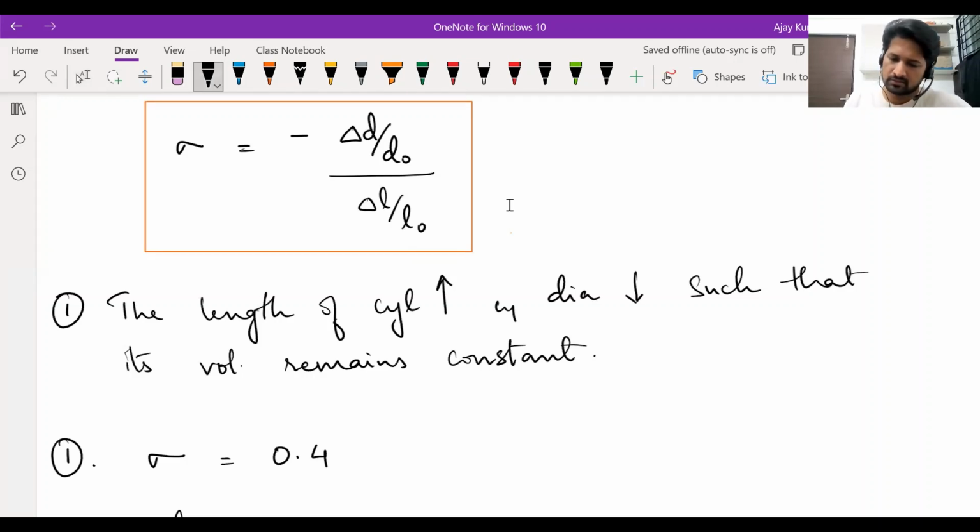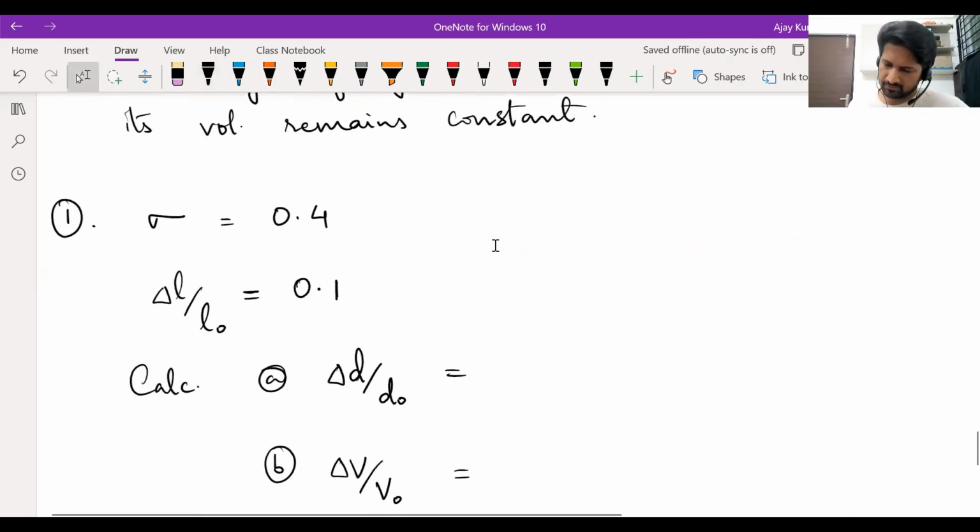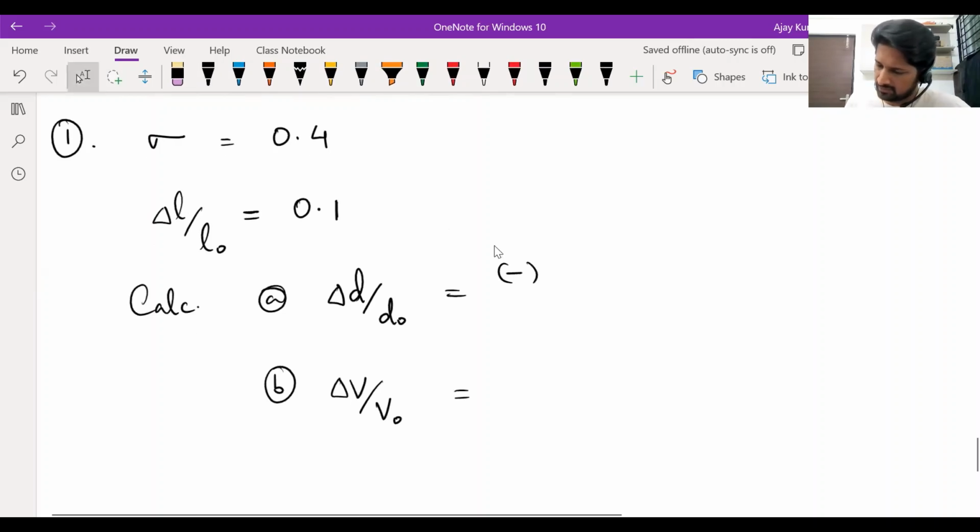So from this itself, we can say that delta D by D naught, the relative change in diameter, will be minus sigma times delta L by L naught. Directly substitute.